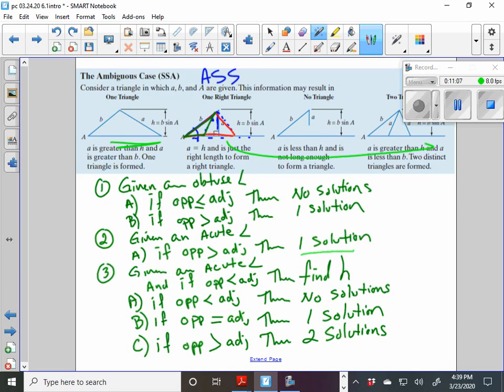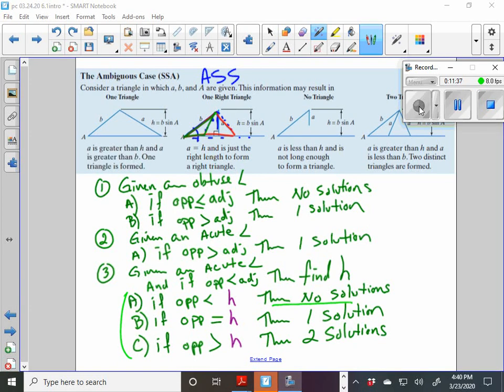And then we go down the last 3 here. If you have an acute angle and the side opposite is less than the side adjacent, then you have to find H. Okay, if you don't find H here, you're going to not be able to solve these problems. Then it says, and I made the mistake here, I'm going to make the change real quick. All right, so I put adjacent instead of height. So the next 3 steps say if the side opposite is less than the height, then there's no solution.